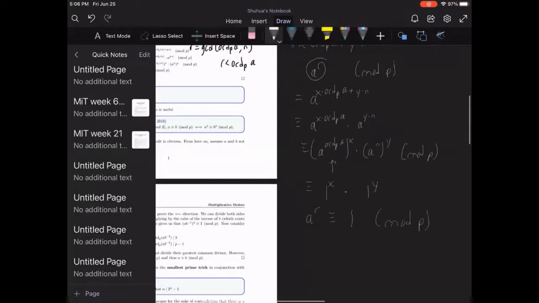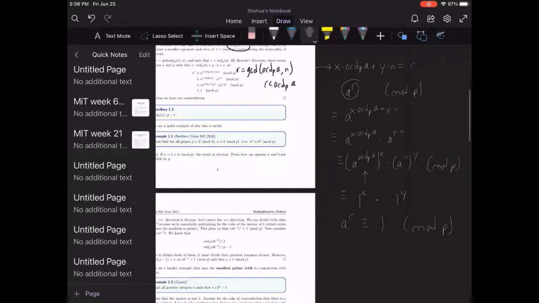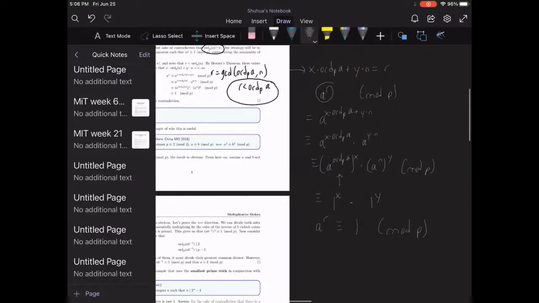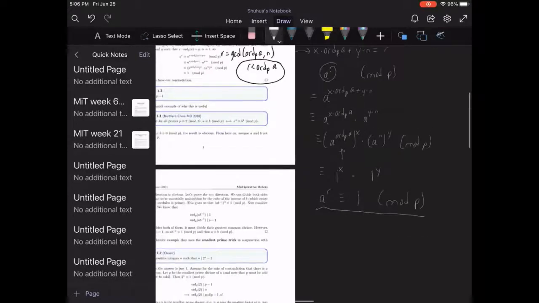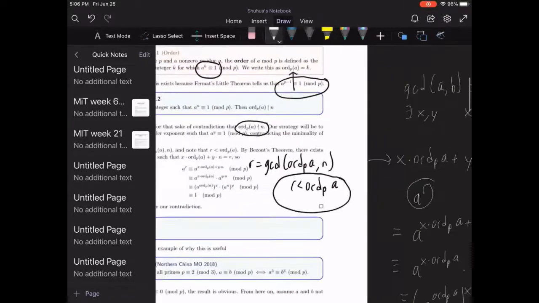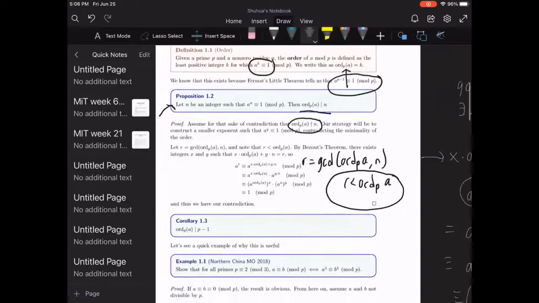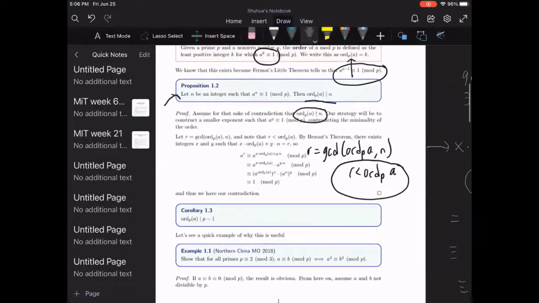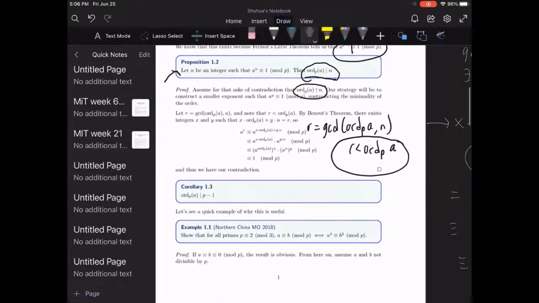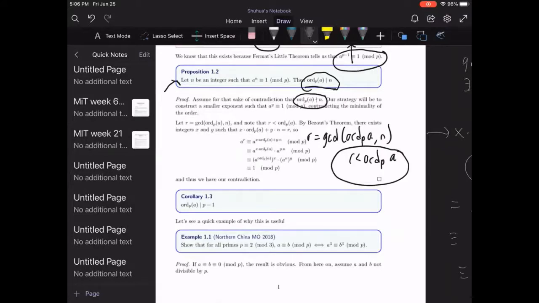But now the contradiction is that, as we said earlier, r is less than order mod p of a. So we've constructed an exponent that's smaller than the order, but a to that exponent is still congruent to 1 mod p. That's a contradiction. So our assumption is wrong, and that means order mod p of a divides n. We'll quickly see that a lot of problems involving order use this proposition.